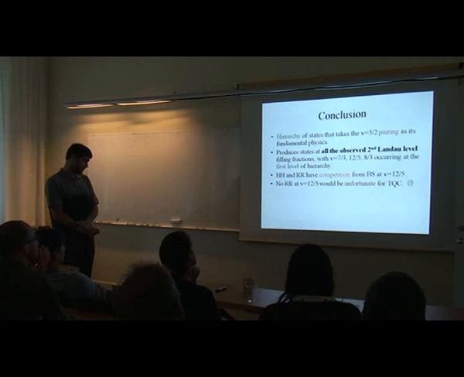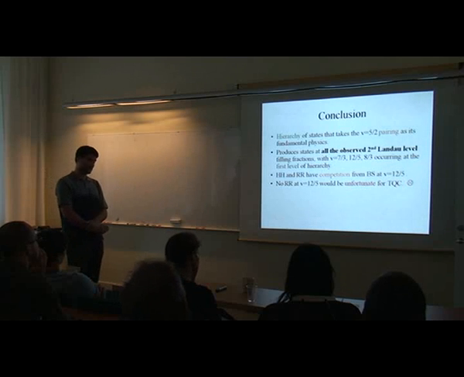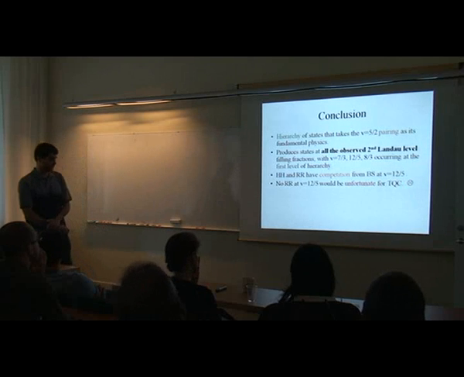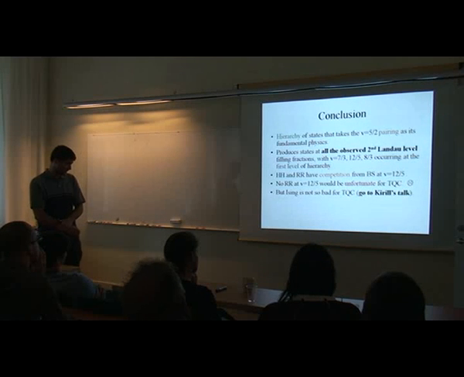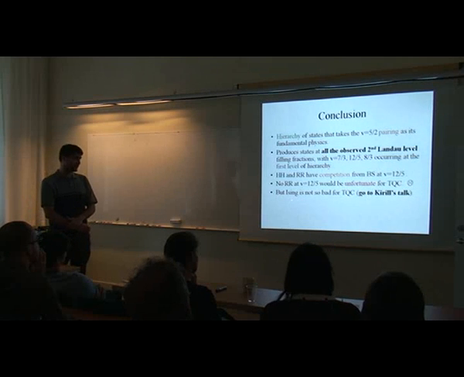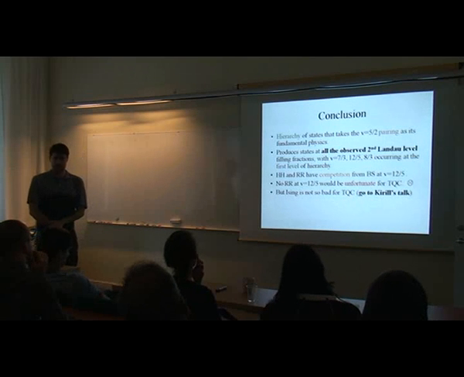And unfortunately, if Read-Rezayi turns out not to be observed there, this will be a challenge for topological quantum computation, because you won't have the nice Fibonacci type anyons. However, Ising anyons wouldn't be so bad. If we have the Moore-Read state or the BS states, we could actually use them to some extent for topological quantum computation.